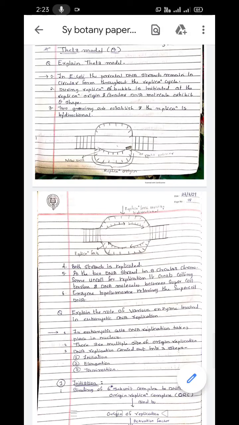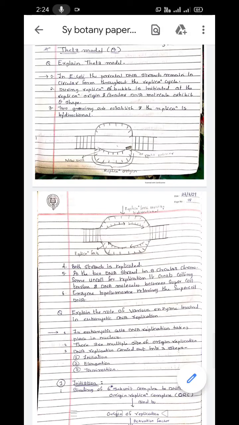In these cells the circular DNA is present, and in the replication process a replication bubble is formed, and these bubbles initiate the replication. So this circular DNA creates a shape like a theta.